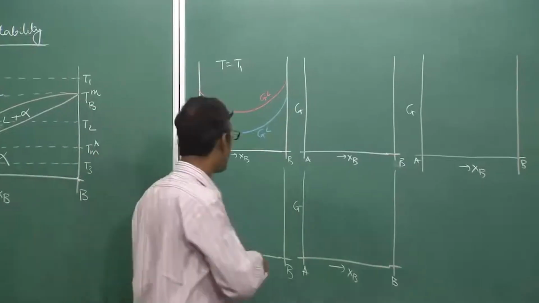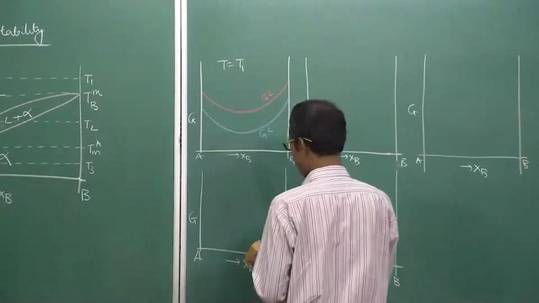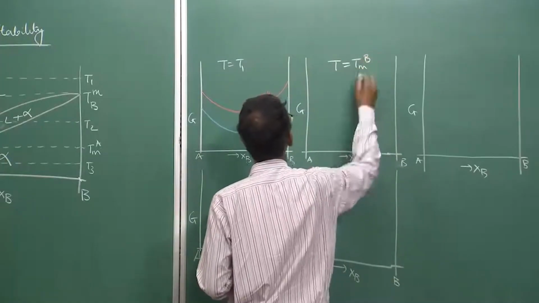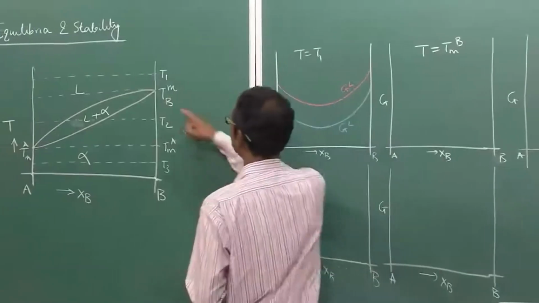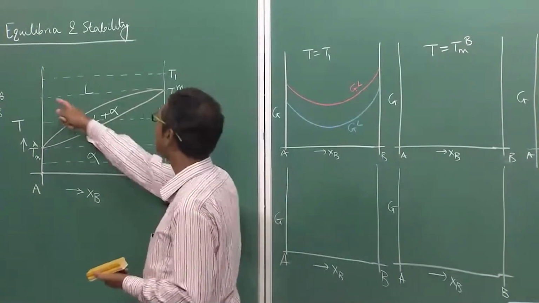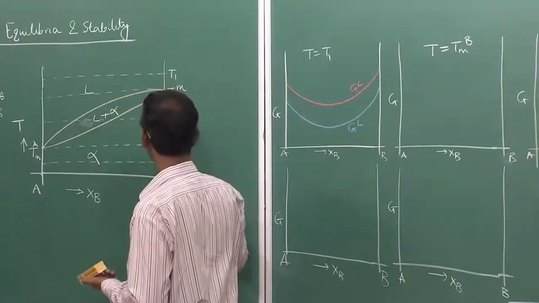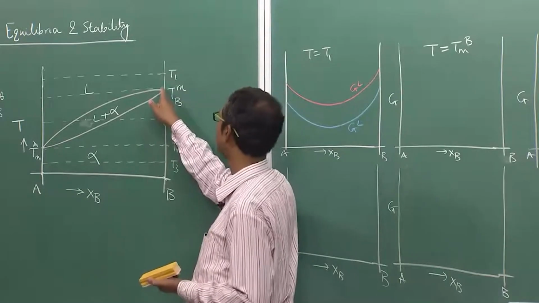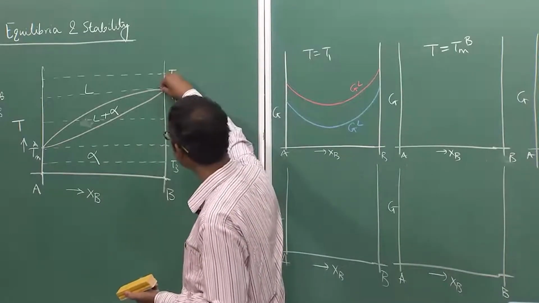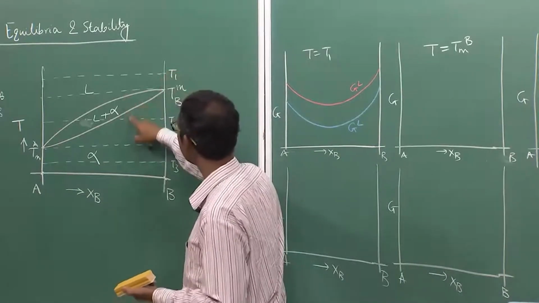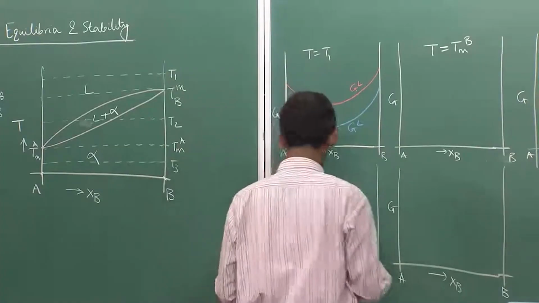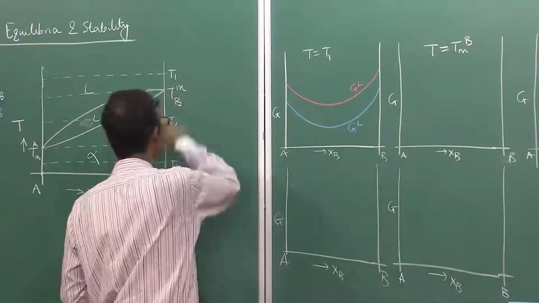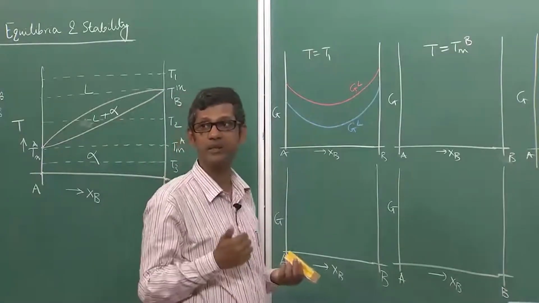So what happens then at temperature T equal to TMB, the melting temperature of B? You clearly see liquid is stable all throughout except at the B end. Here both the curves, liquidus and solidus, are actually meeting. So that means the G curves will also meet at this temperature, because both alpha and liquid must be stable at the B end.